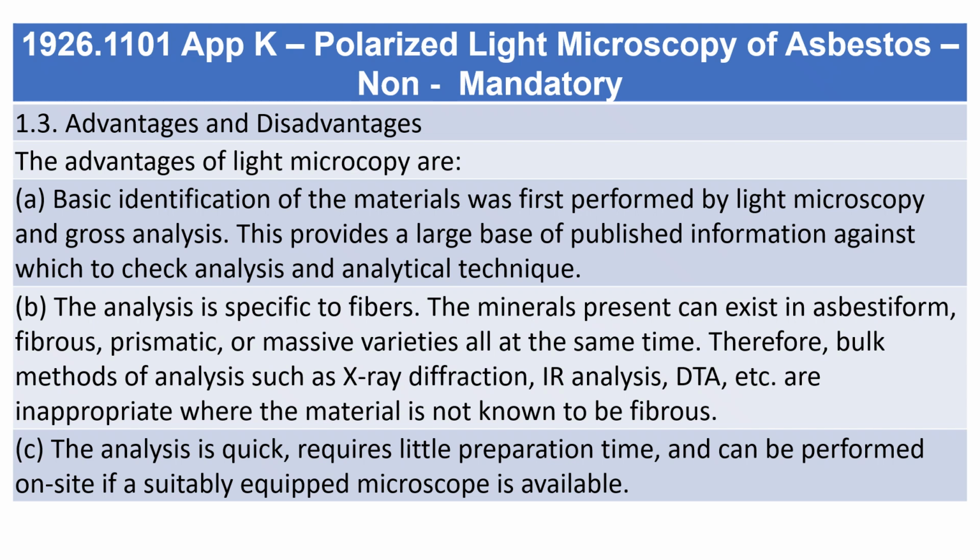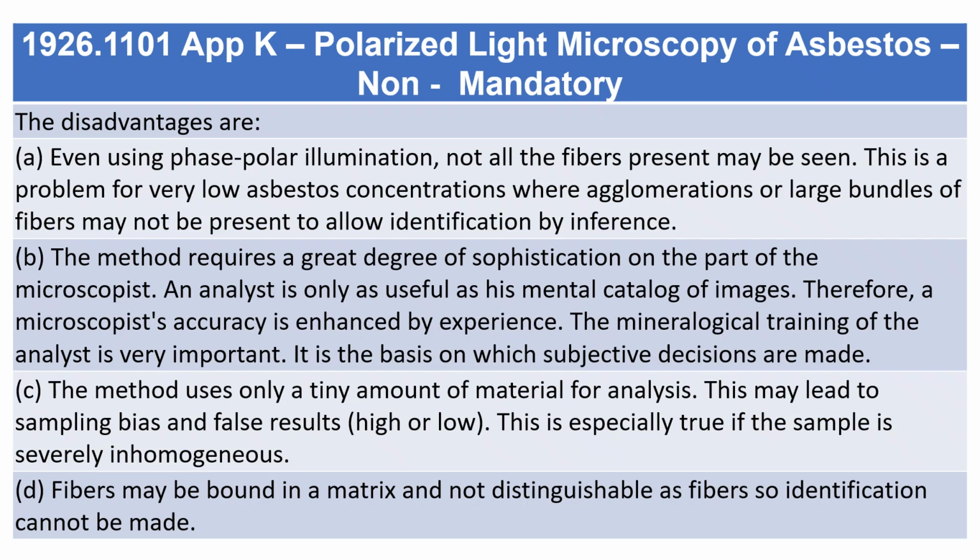The minerals present can exist in asbestiform, fibrous, prismatic, or massive varieties all at the same time. Therefore, bulk methods of analysis such as X-ray diffraction, IR analysis, DTA, etc., are inappropriate where the material is not known to be fibrous. C. The analysis is quick, requires little preparation time, and can be performed on-site if a suitably equipped microscope is available. The disadvantages are: A.